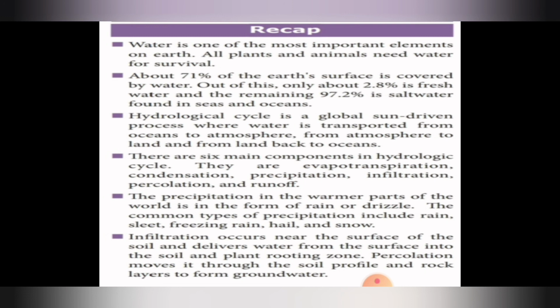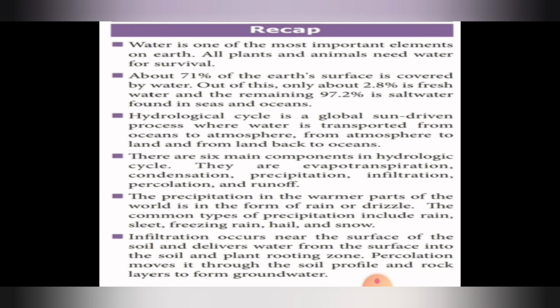There are 6 main components in the hydrologic cycle. They are evapotranspiration, condensation, precipitation, infiltration, percolation, and runoff. The precipitation in the warmer parts of the world is in the form of rain or drizzle.